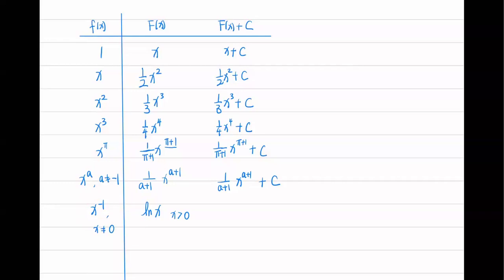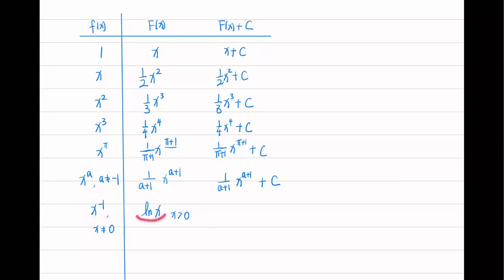Okay, so when x is positive, we have the antiderivative. What happens on the negative part? We want to extend our domain to the whole domain with the property that the derivative is x to the negative 1.